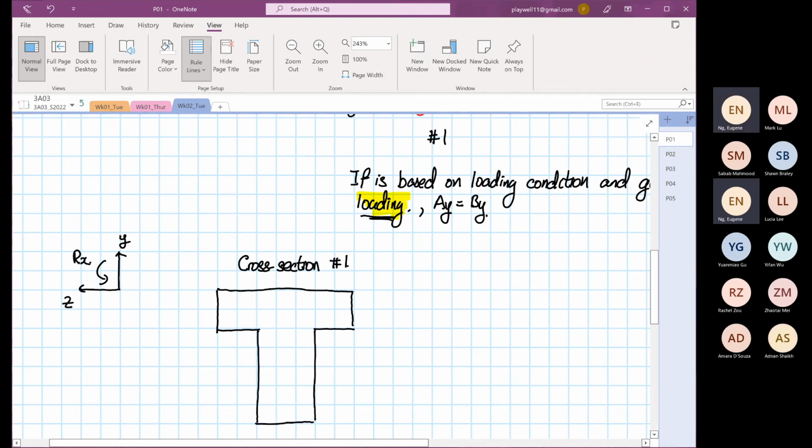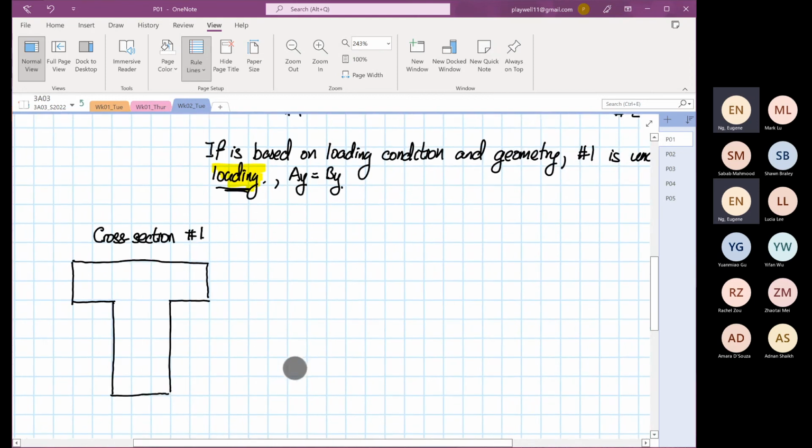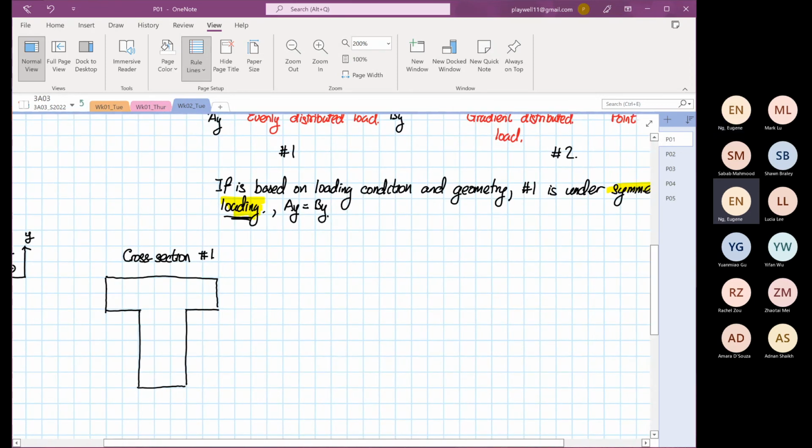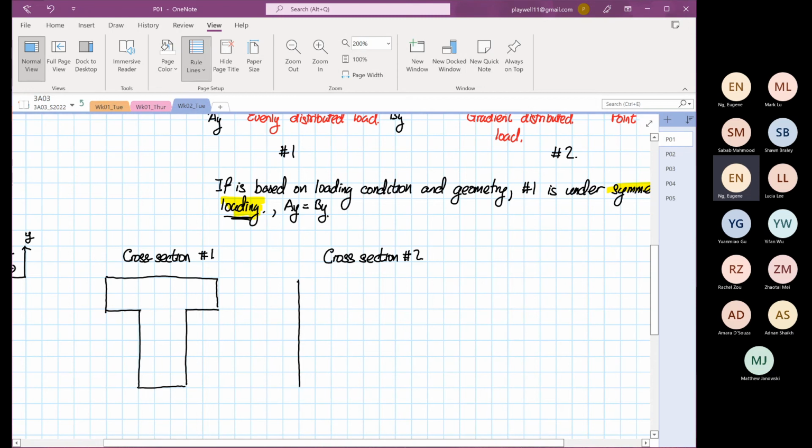Okay, and then I'm going to sketch cross section number 2. So this is cross section number 2.